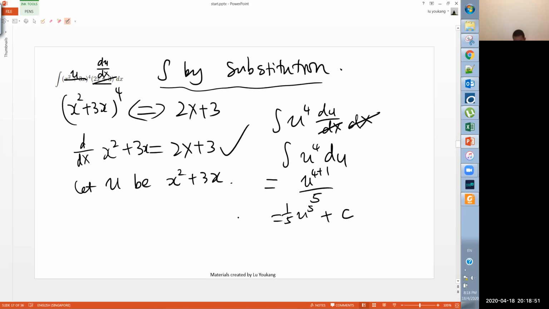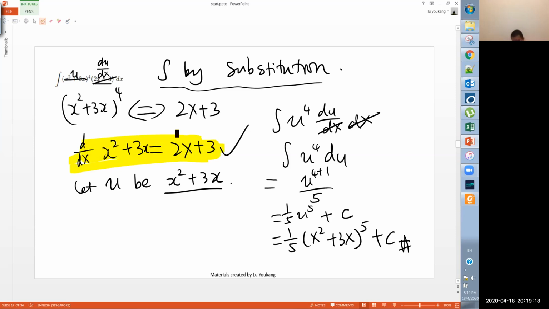So that's it. So your u is equal to this, so you just replace by that. So that is the method, integration by substitution. It only works if this is valid.